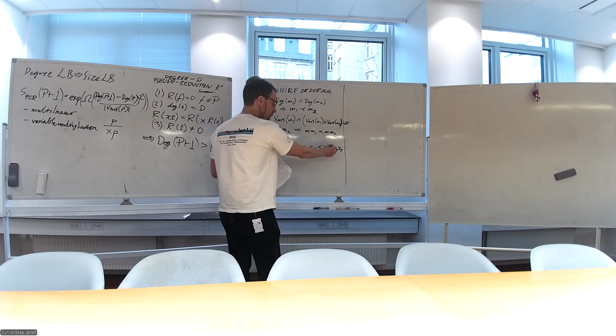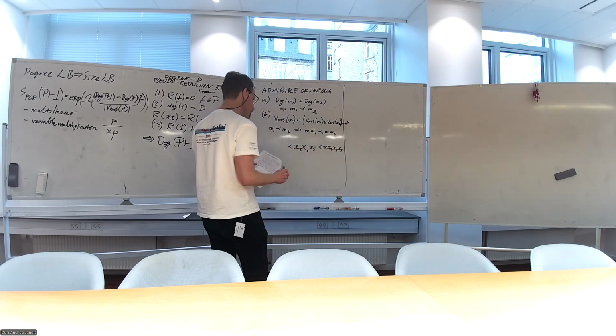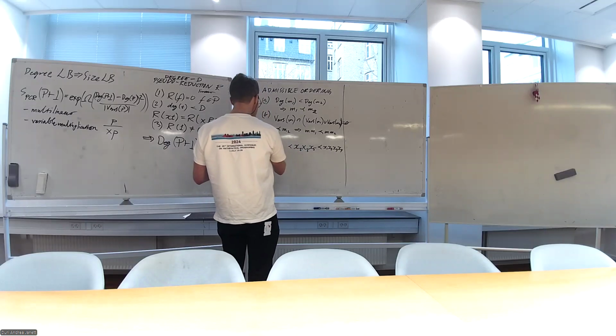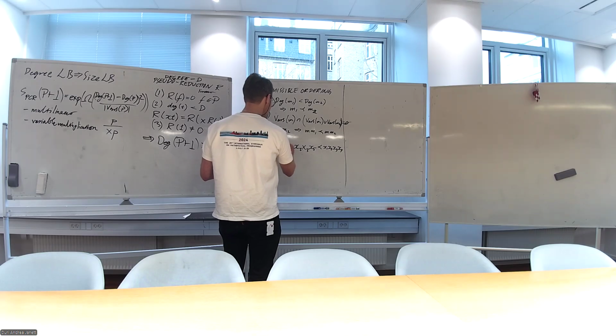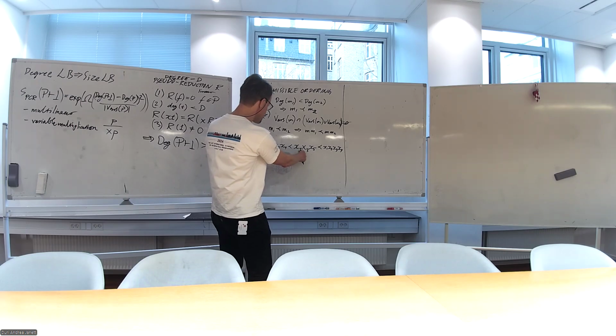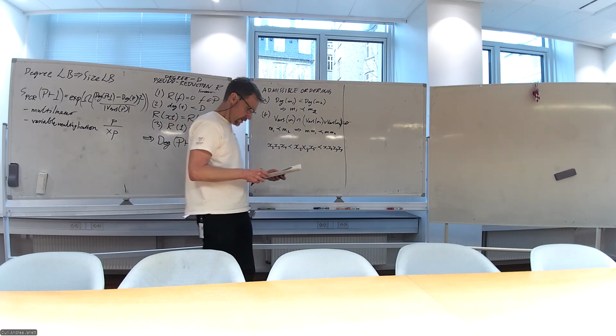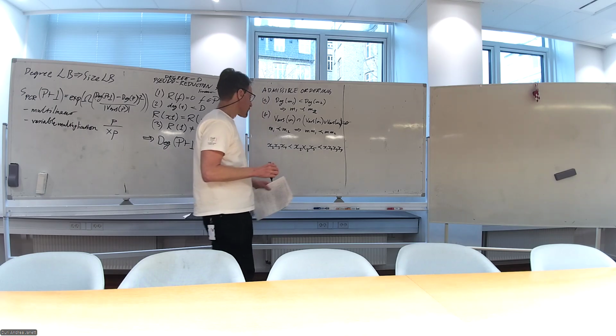This is a larger monomial because it has a larger degree. And now if we look at x2, x3, x5, and we compare it to x2, x3, x4, then by lexicographic sorting, x2 is the same, x3 is the same, but x4 is smaller than x5. Okay.